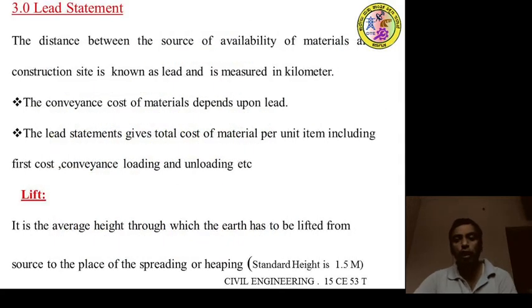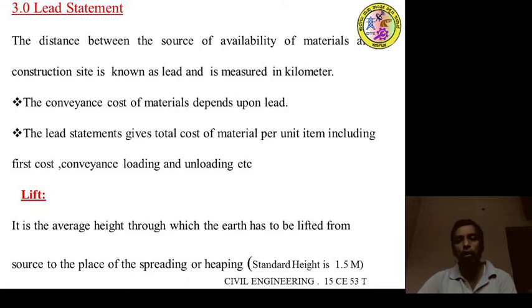And next one is the lead statement. The distance between the source of availability of material and the construction site is known as lead, and it is measured in kilometers. It is the horizontal distance between the construction site and the availability of the material.